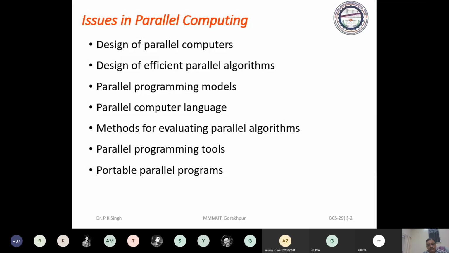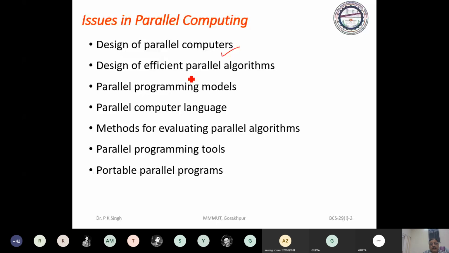So we have to increase the bandwidth of the memory data transfer, or we have to use memory in such a way that multiple pieces of information may be retrieved in the same memory cycle, in a single memory cycle. This is the hardware case.